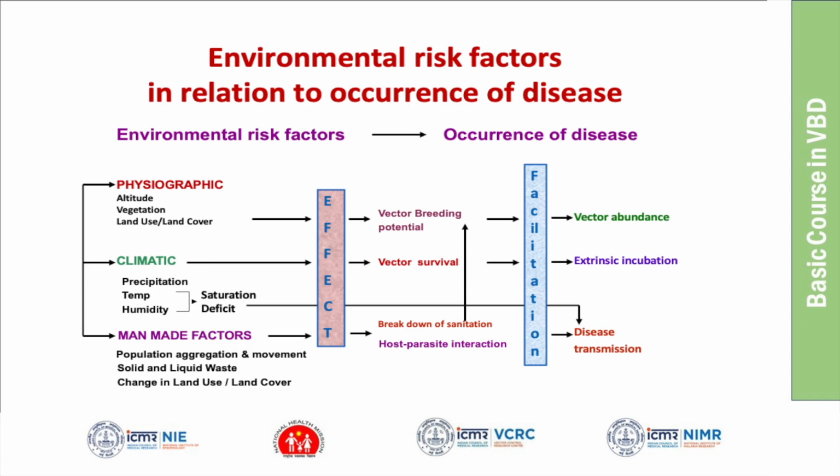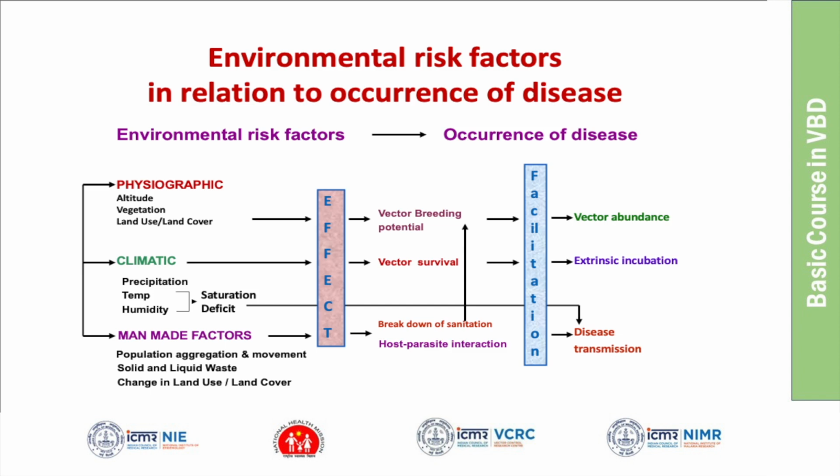The second is the climatic factors. One is precipitation, moisture in the atmosphere, plus the temperature and humidity, or saturation deficit, together we tell. And the climatic condition is responsible for vector survival.